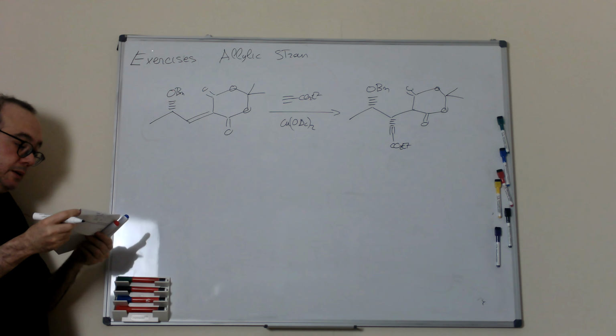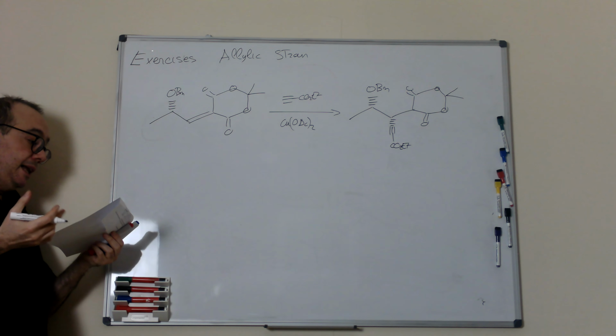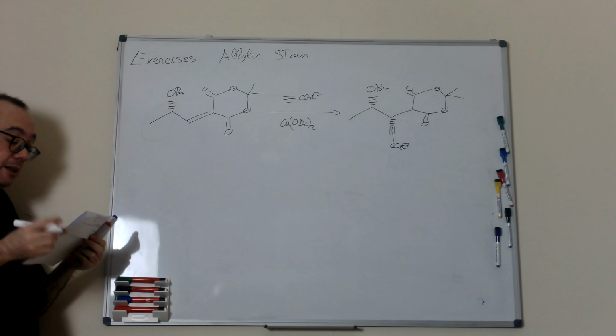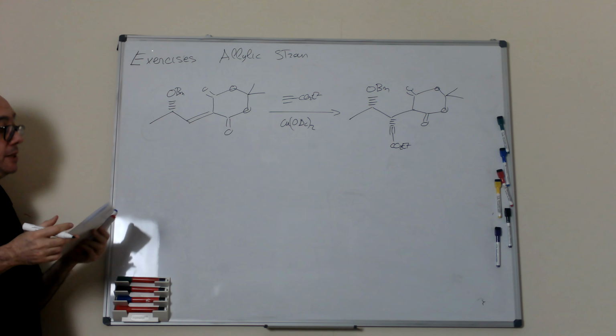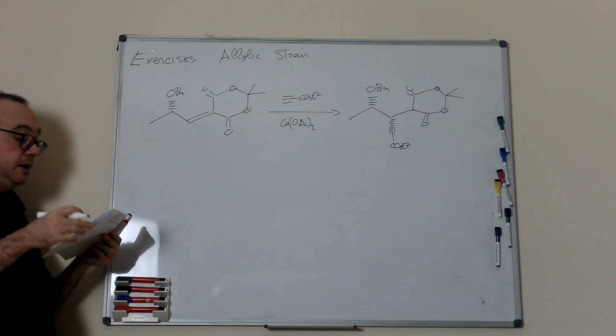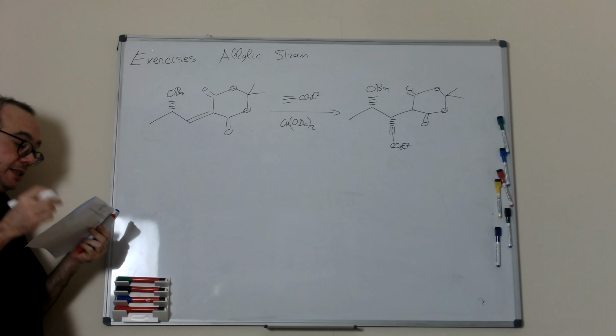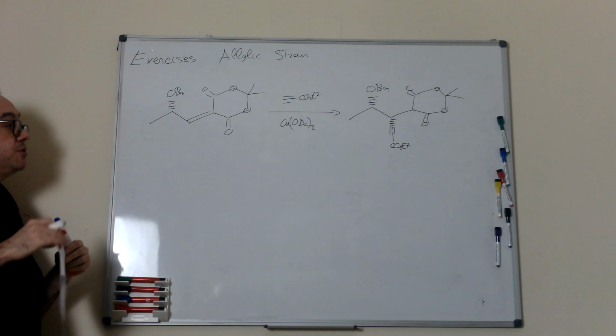And they tell us, first, give the structure of the other diastereomer that we can obtain, and second, draw the transition state: draw the Houk model of the conformation that leads to the observed major diastereomer.